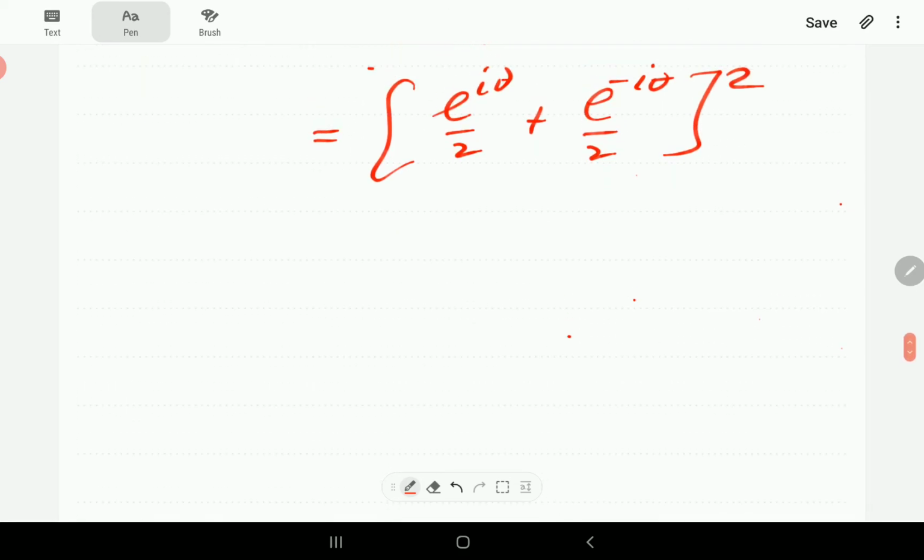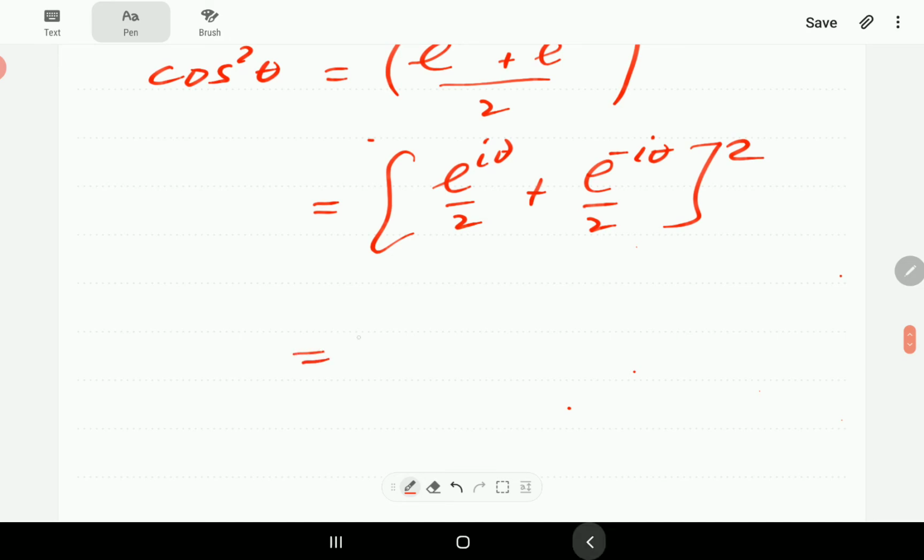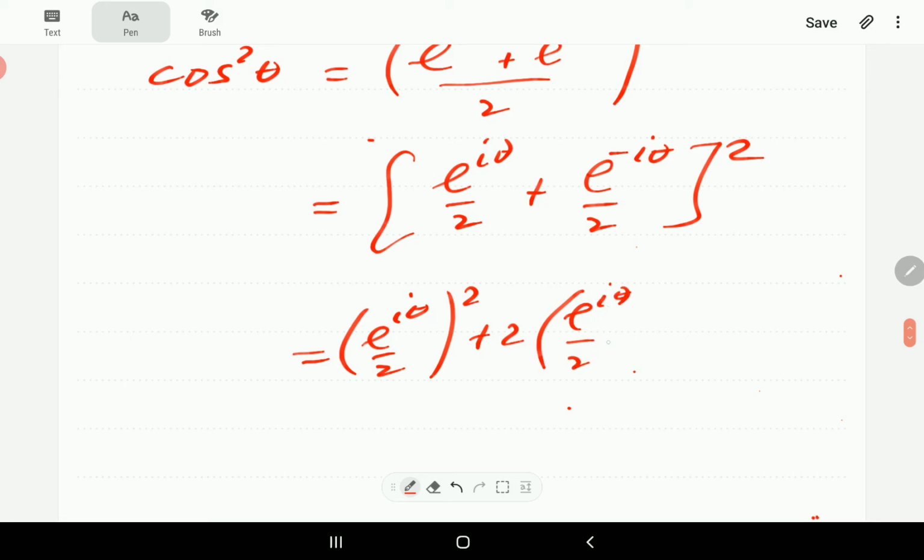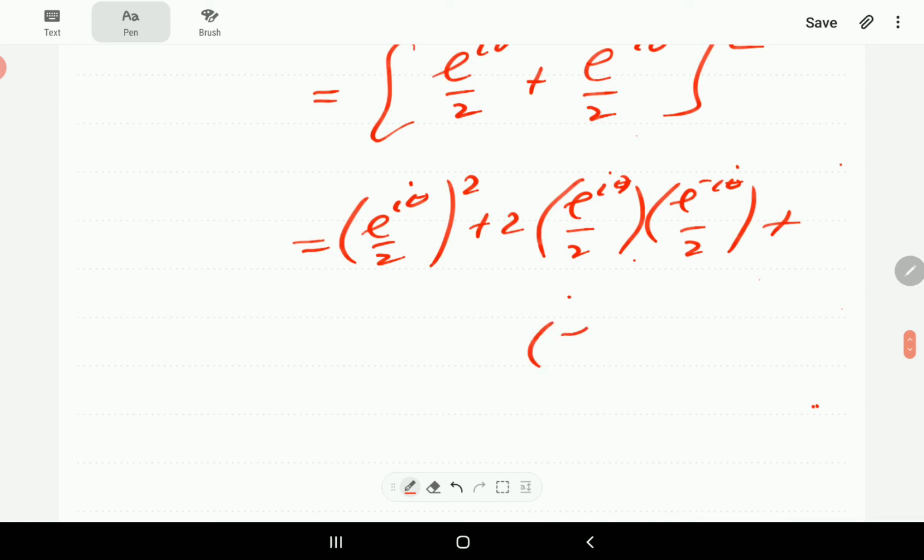So by the binomial theorem, this is going to be the first term squared plus 2 times the first term times the second term, so it's i theta over 2 minus i theta over 2, and then the last term is going to be e to the minus i theta over 2 all squared.